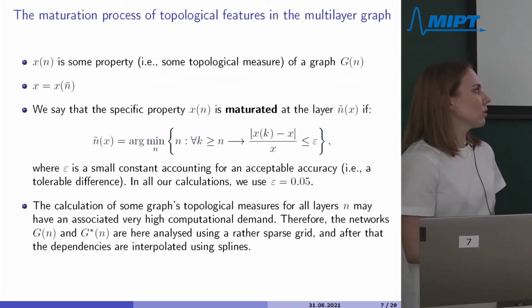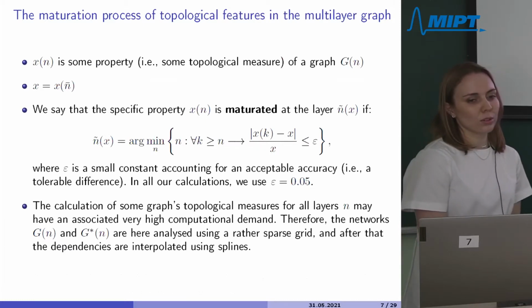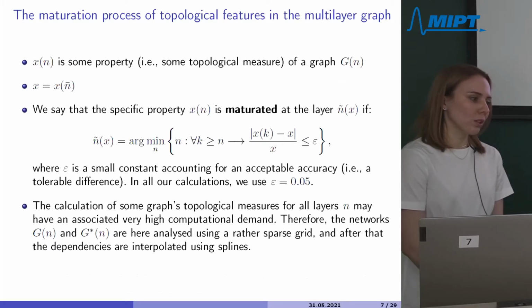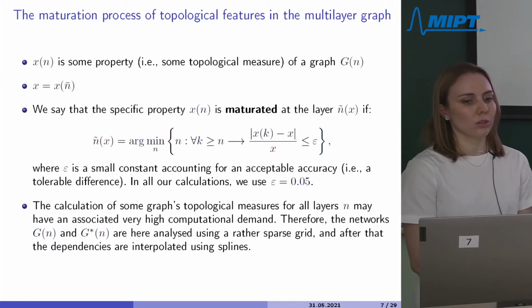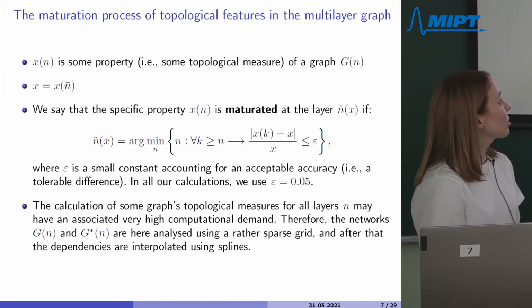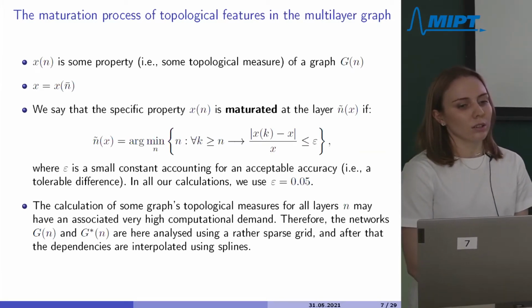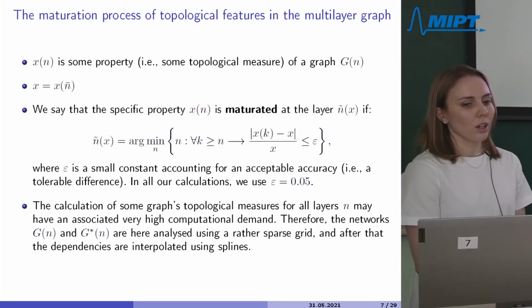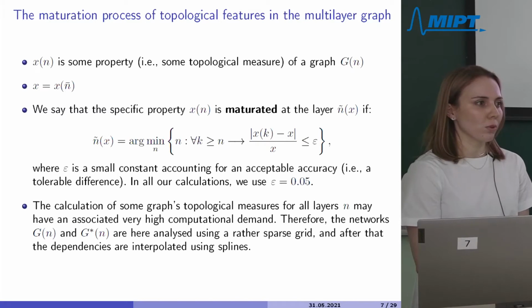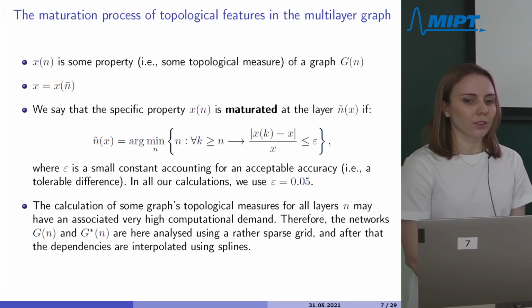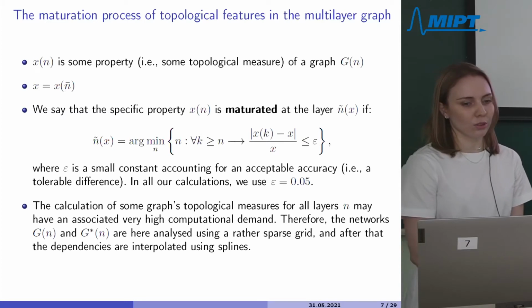To introduce the notion of maturation, we should introduce some more notation. Let us say that x_n stands for the value of some topological property on level n in the clique projection of the hypergraph.